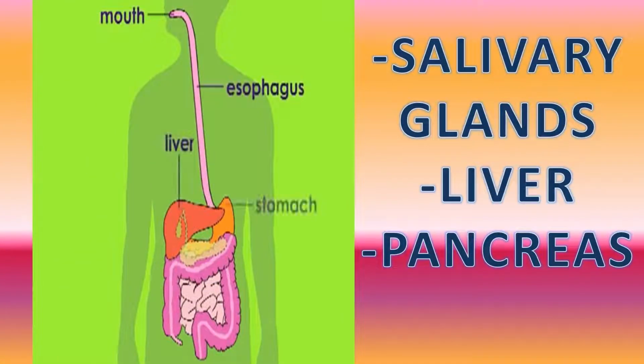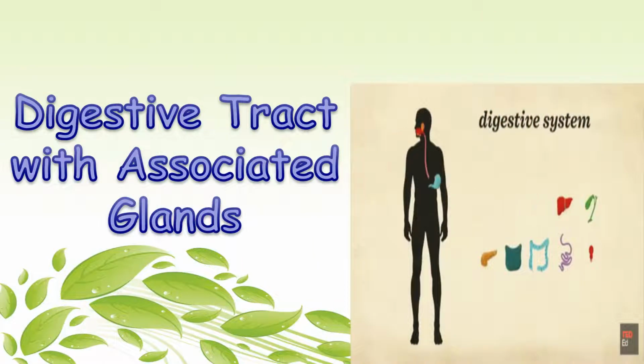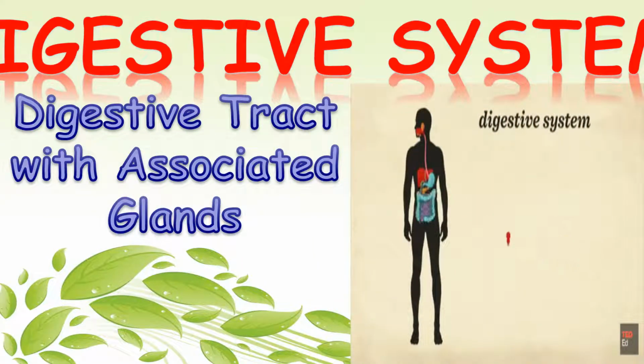Some glands are also associated with the canal, such as salivary glands, the liver and the pancreas. Digestive tract and associated glands together constitute the digestive system.